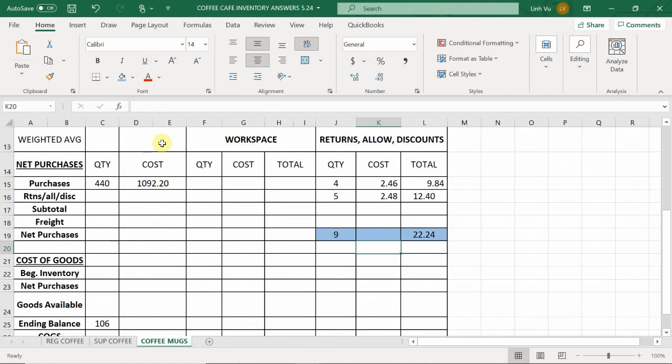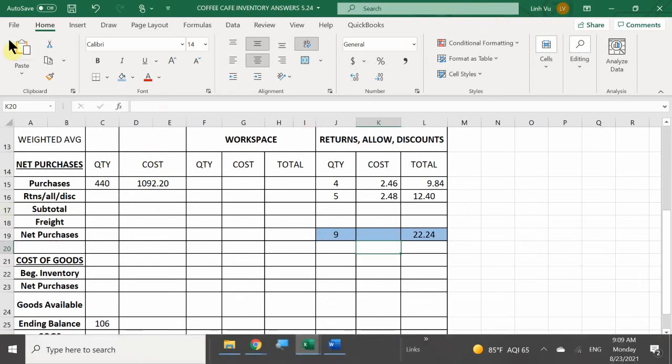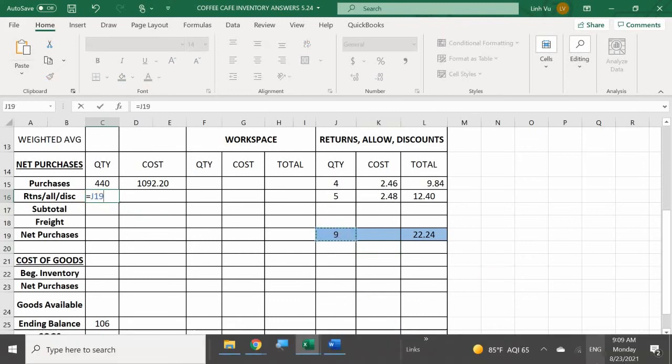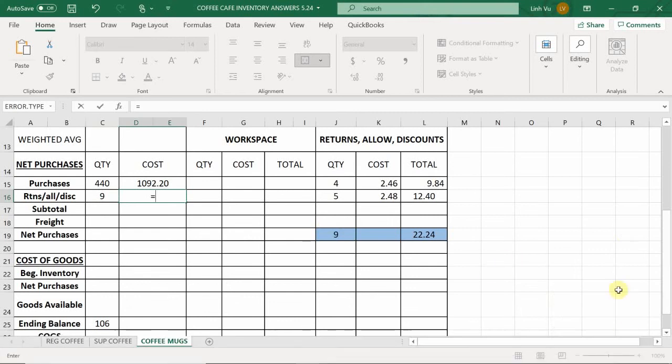Okay. $22.24. Excellent. So because this is our purchase returns and allowances, we're going to copy this information over here, right? Because we started out with 440, but we ended up returning 9 of those items.